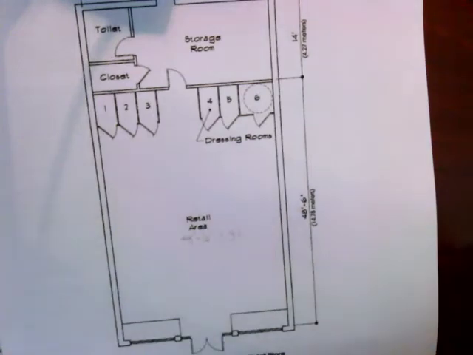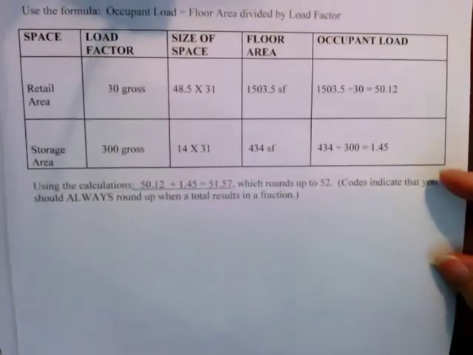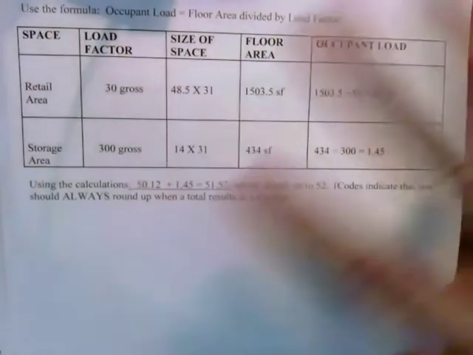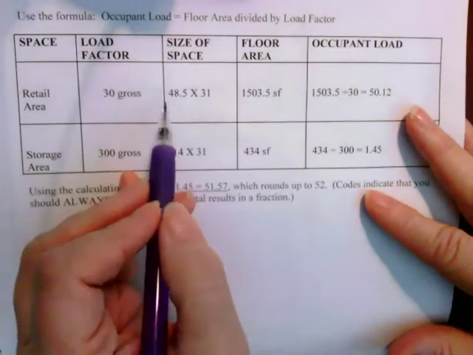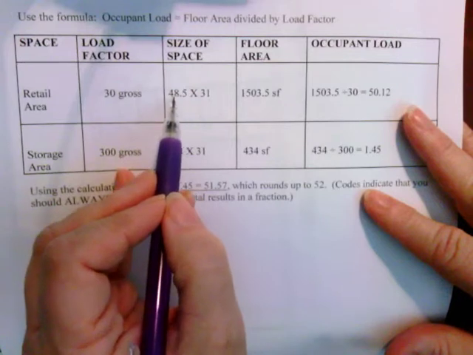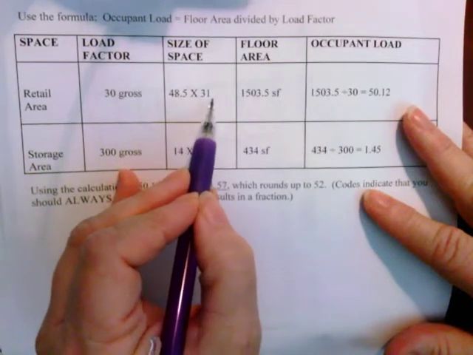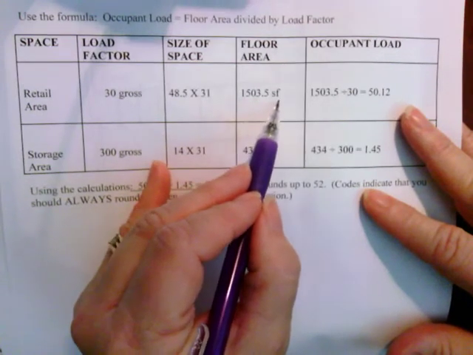Then we're going to create a table to look at this. I always say using this kind of table helps you put things in perspective. We said we had 48 feet 6 inches, which would be 48.5, times 31, equals 1,503.5 square feet.